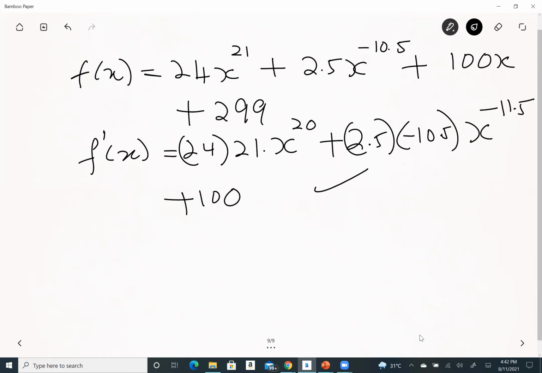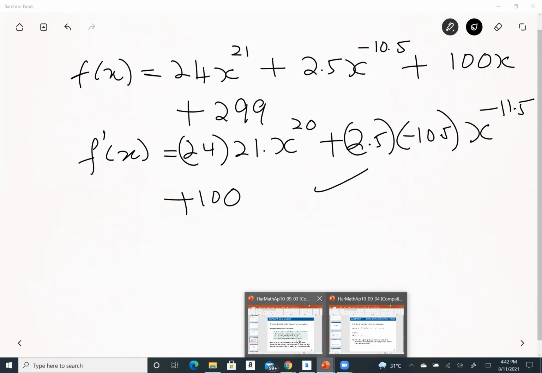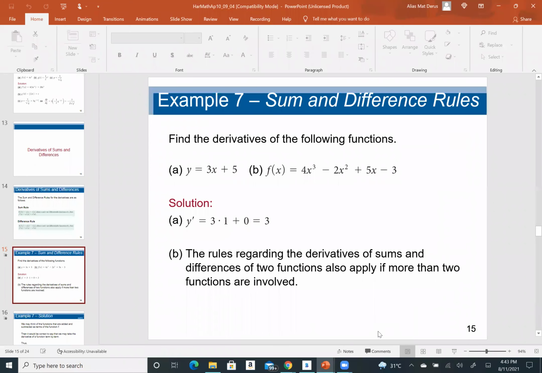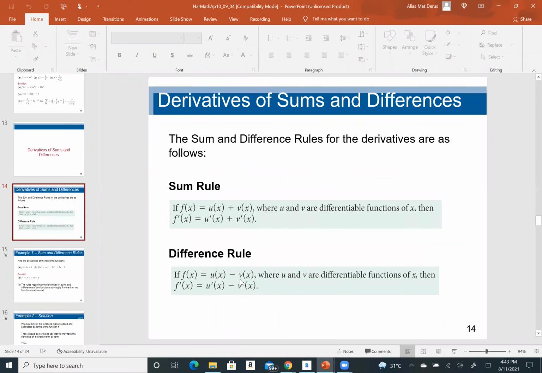Now, by the same token, we have the difference rule. It would be the same idea, but now we have a minus sign. Instead of u plus b, I have u minus b, or it can consist of more than 2 terms.